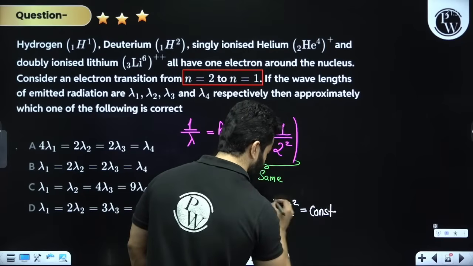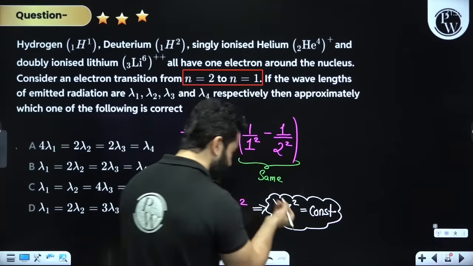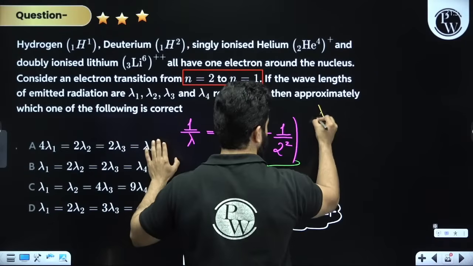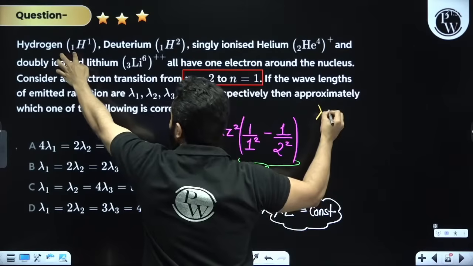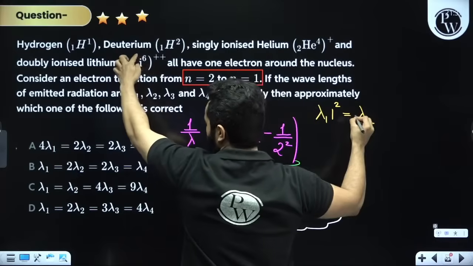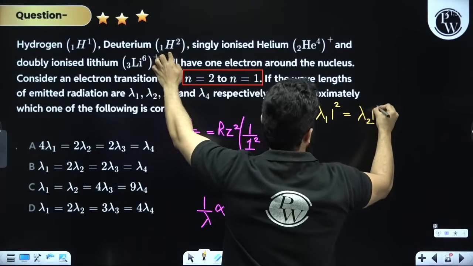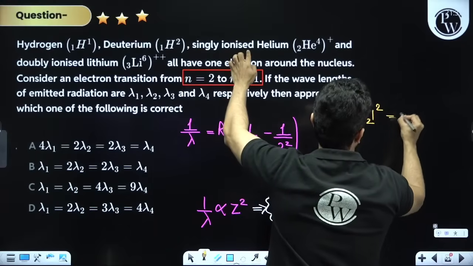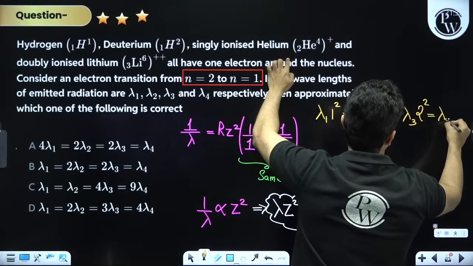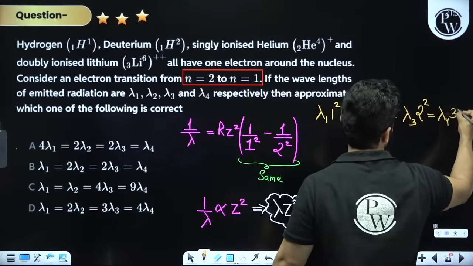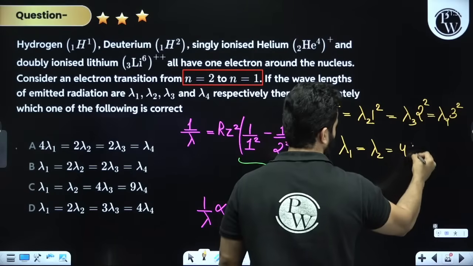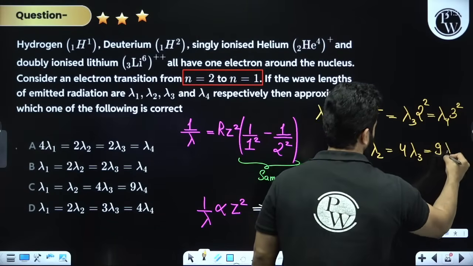Now I am going to use this concept: lambda 1 multiplied by hydrogen's Z, which is 1, so square of 1, is equal to lambda 2 for deuterium, and Z is still 1. Then lambda 3 with Z equal to 2, so square of 2, and lambda 4 with Z equal to 3, that means square of 3. That means lambda 1 is equal to lambda 2 is equal to 4 lambda 3 is equal to 9 lambda 4.